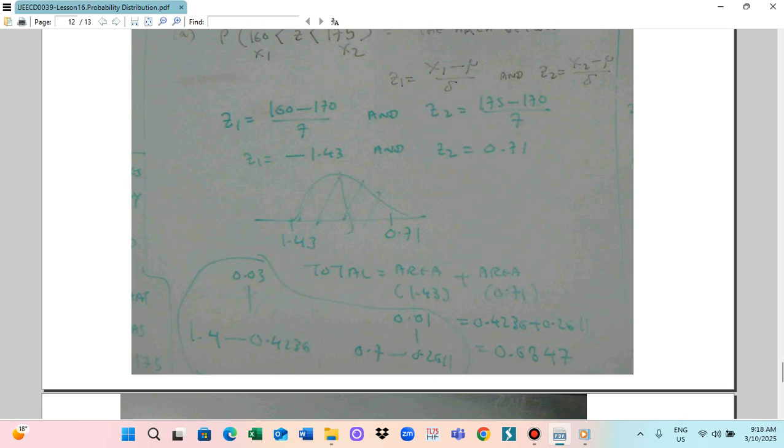The area you can see is 0.2611. So those things you got. Now the area will be 0.4236 plus 0.2611, so the total probability will be 0.6847.